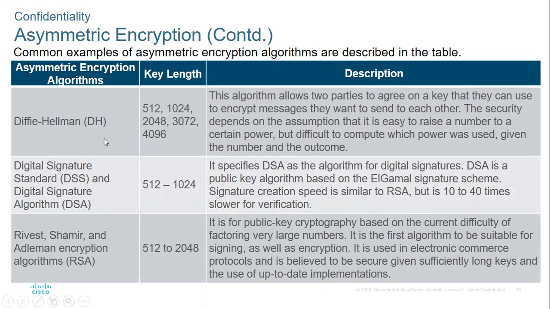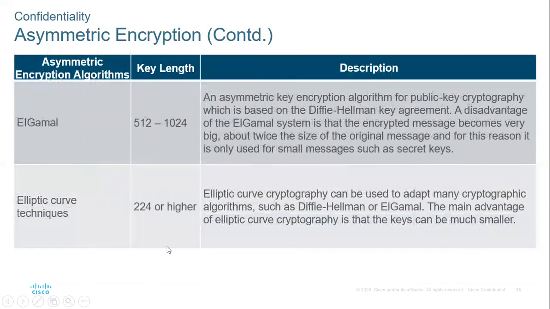DH, of course, Diffie-Hellman. So this one is used when you want to exchange the keys securely. And then we have the DSS. Okay, so the DSA, of course, this one is used for making digital signatures. The same applies to the RSA. Okay. Then other examples, ElGamal.